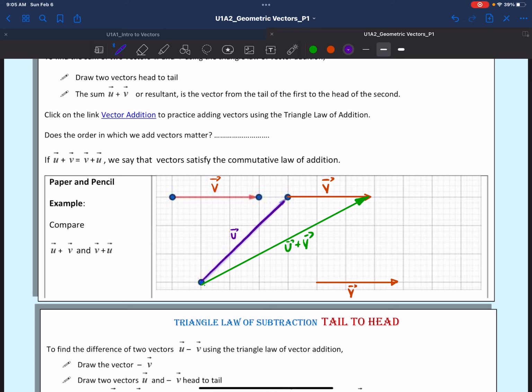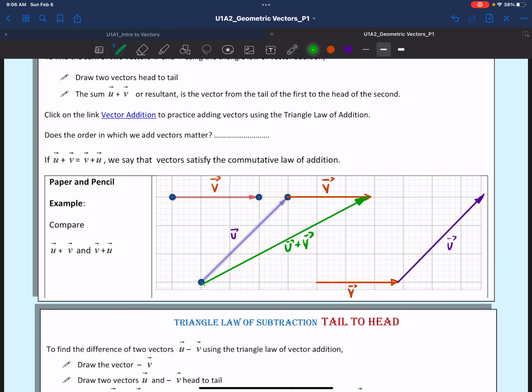So what that means is that I'm drawing the exact same vector u there. That's the vector that is added to vector v. I will place the tail of vector u at the head of vector v, because that's a vector that is added to v.